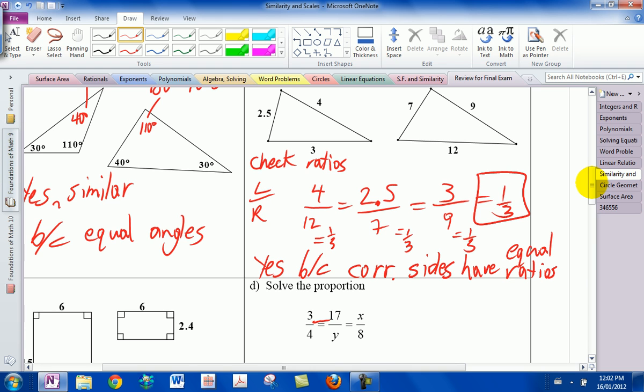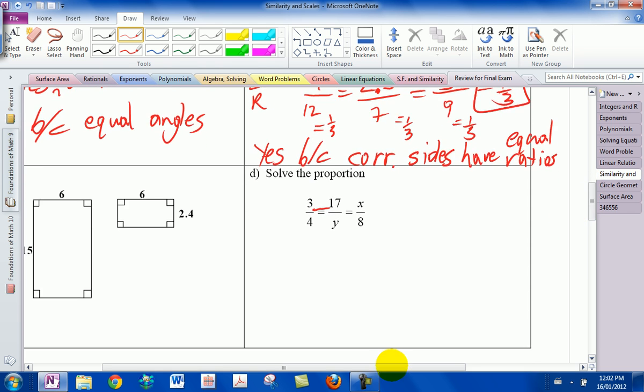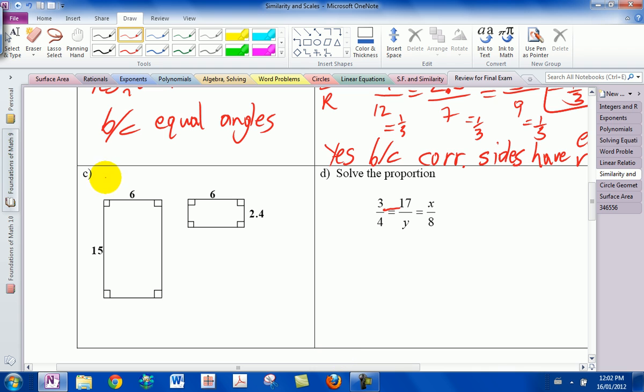So for triangles, you only need one of the reasons, and you have similar figures. But for this one, you have to check. You need both reasons. The triangle, you only need one of the reasons. So for this one, you have the same angles. That's okay. You know that they're all 90.